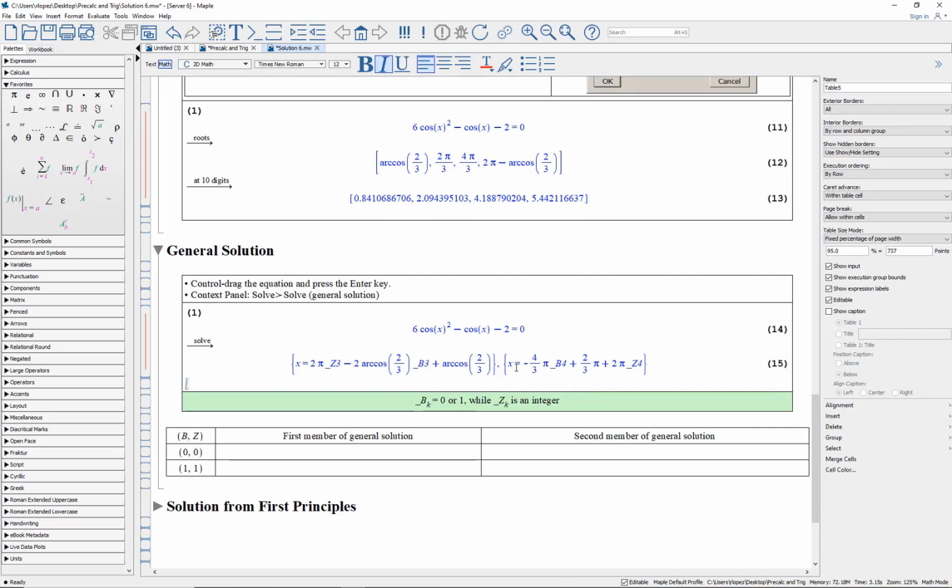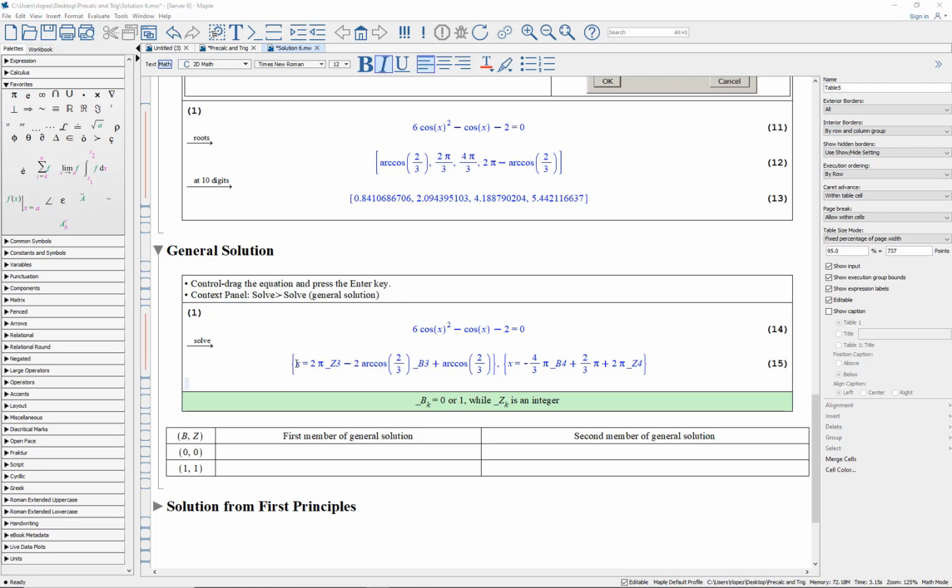There are 2 possibilities, and you'll see these symbols underscore Z and underscore B. The B is Boolean. It takes on the value 0 or 1. The Z is an integer, which takes on the integer values from negative infinity to plus infinity.